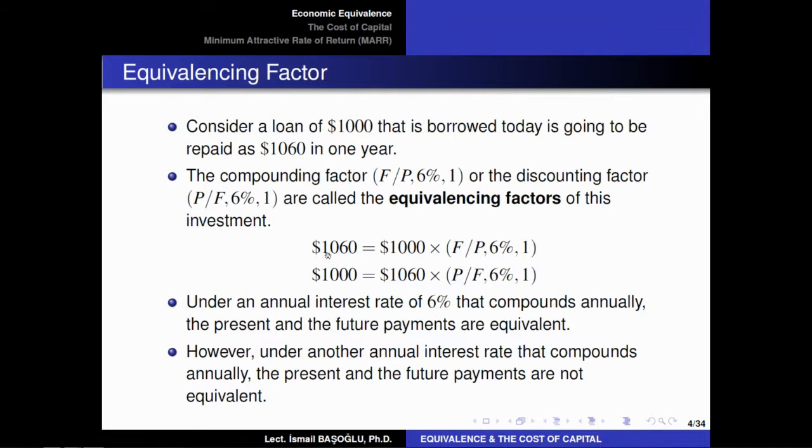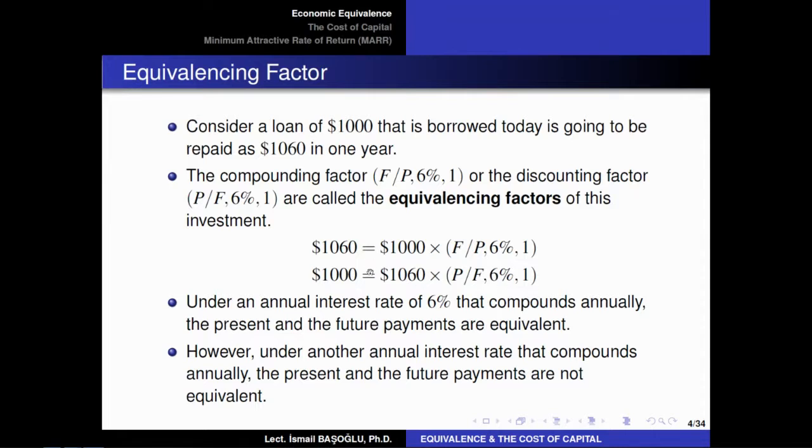So it says $1,060 1 year from now is equivalent to $1,000 by a compounding factor under 6% interest rate for 1 year, or $1,000 today is equivalent to $1,060 1 year from now by a discounting factor of P over F under 6% for 1 year.